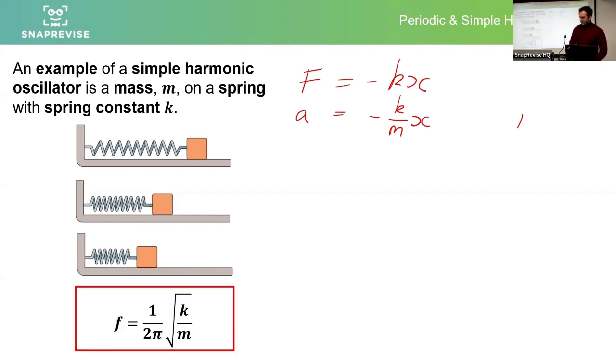Therefore, we're going to get our simple harmonic motion. Here is its equilibrium point. Here is it when it's at its maximum displacement. Here is it when it's at some intermediate form of displacement. Okay.